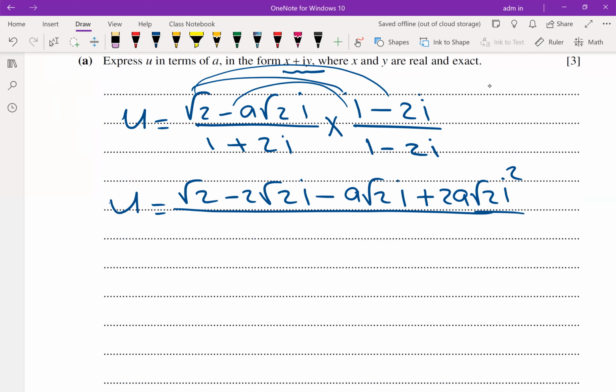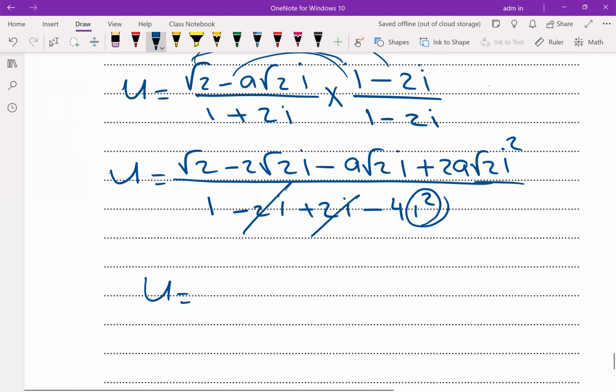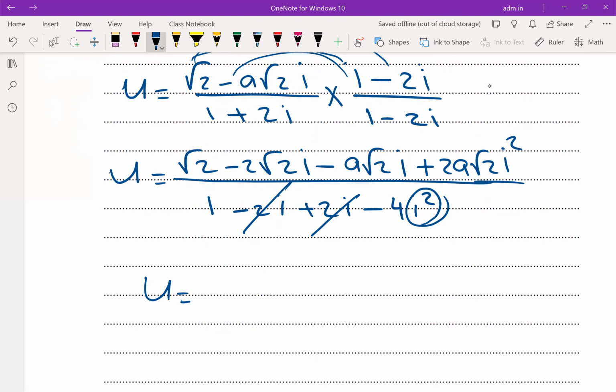For the denominator, 1 times 1 is 1, then minus 2i, then plus 2i cancel, then minus 4i squared. I squared is minus 1, so minus becomes plus 4. So u is equal to, simplify the real part with the real part. This is i squared, which is equal to negative 1.